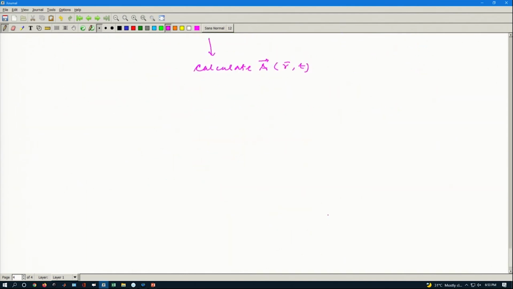Now, in today's class we are going to discuss the Lorentz gauge. What is the advantage of the Lorentz gauge? Let us check.